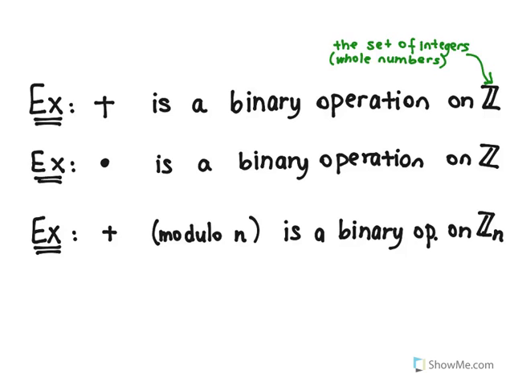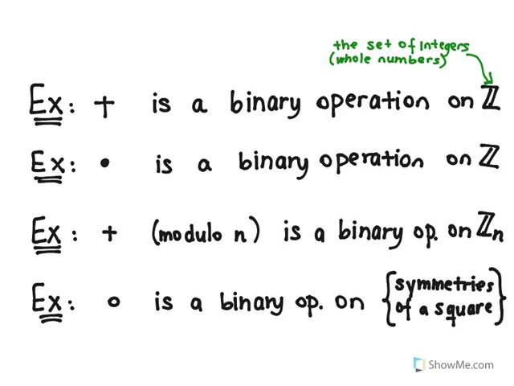Plus modulo n is a binary operation on the set Zn. That's a rephrasing of what we saw at the end of Wednesday's class. If you give me two elements of Zn, like let's say Z4, for example, which is the set 0, 1, 2, 3, then I can add them, modulo n, so modulo 4 in that case, to produce a new element of that same set.